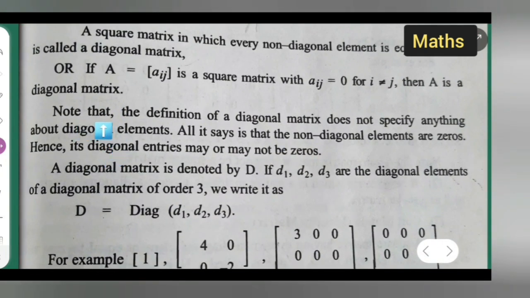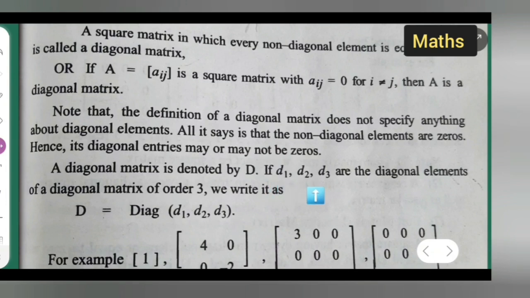Note that the definition of a diagonal matrix does not specify anything about diagonal elements. All it says is that the non-diagonal elements are zeros, hence its diagonal entries may or may not be zeros. A diagonal matrix is denoted by D.